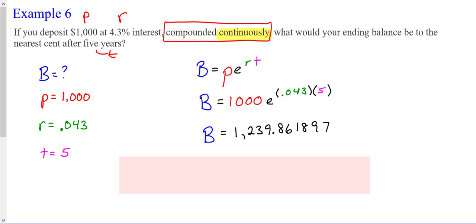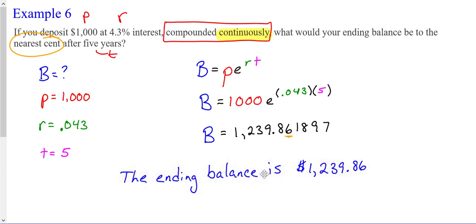Now, in here, it says you want to go to the nearest cent. So nearest cent means we're going to the second decimal place. So in this case, 6 is followed by 1, so we don't round anything, and our ending balance after 5 years of compounding continuously is $1,239.86.